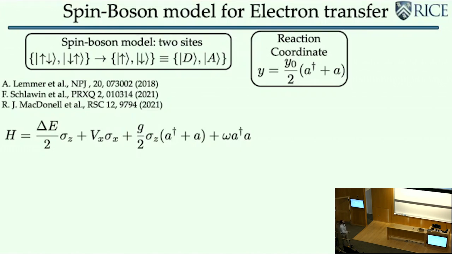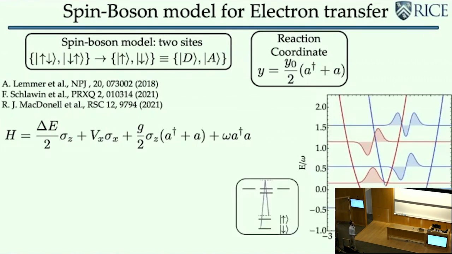With this Hamiltonian here, you can write down the energies quite easily. So you have these two, if you wish, Born-Oppenheimer surfaces, two harmonic wells that are displaced by the spin-dependent force, by this spin-phonon coupling. And we can also tune omega, which is the harmonic energy.